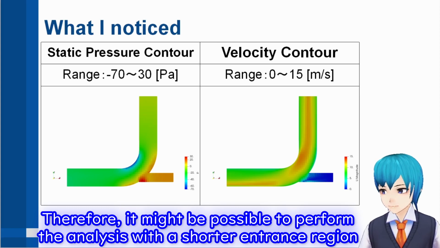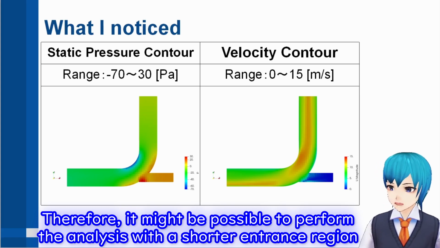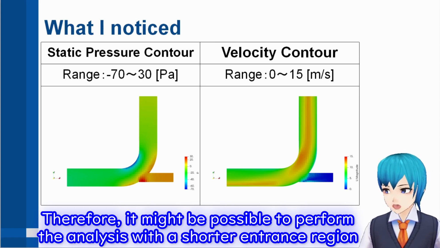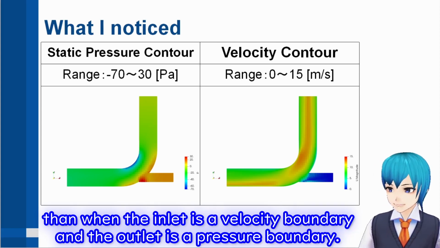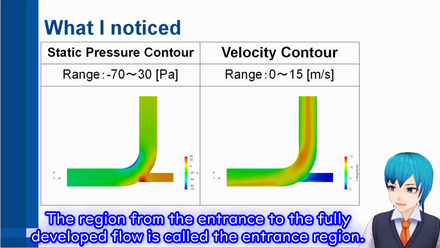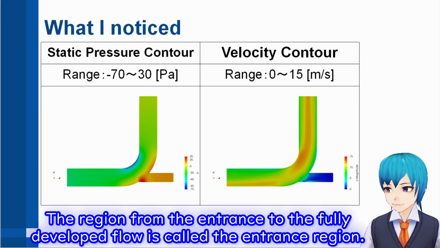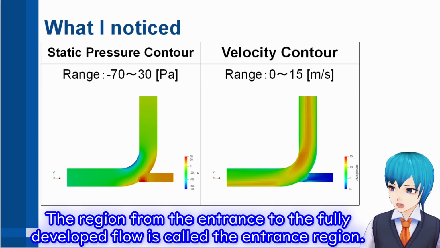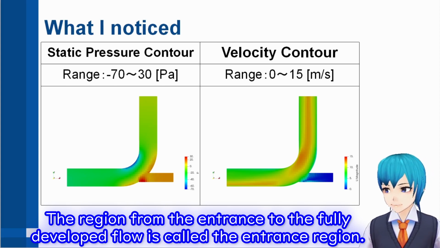Therefore, it might be possible to perform the analysis with a shorter entrance region than when the inlet is a velocity boundary and the outlet is a pressure boundary. The region from the entrance to the fully developed flow is called the entrance region.